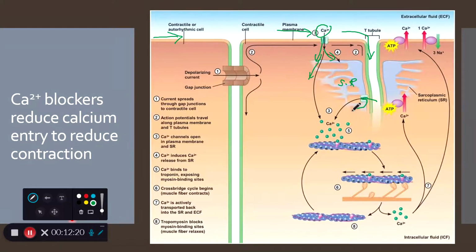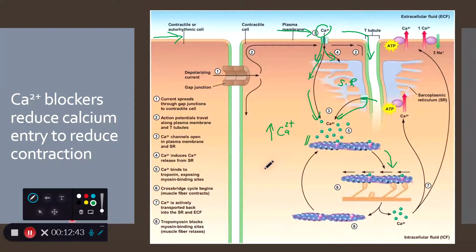Calcium is released, and so the net effect of these two things is a big increase in intracellular calcium. The calcium binds to the troponin and tropomyosin C complex, and that causes contraction.